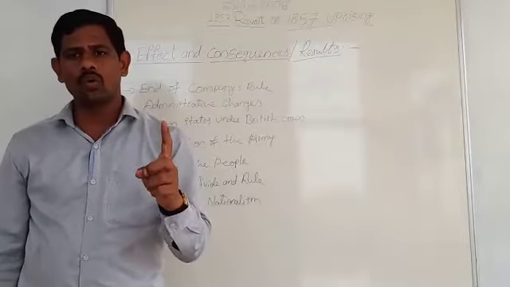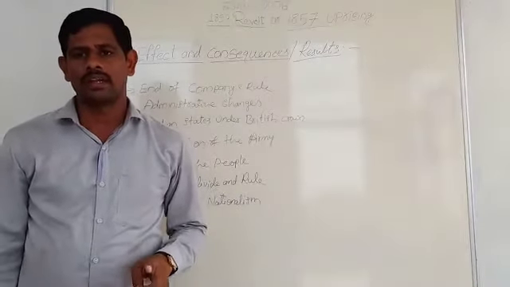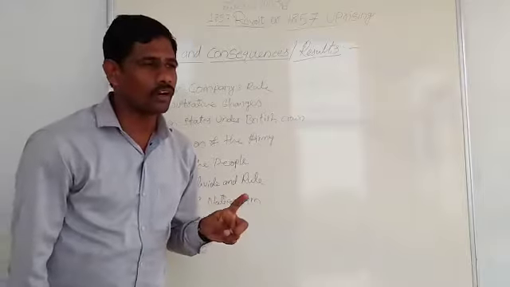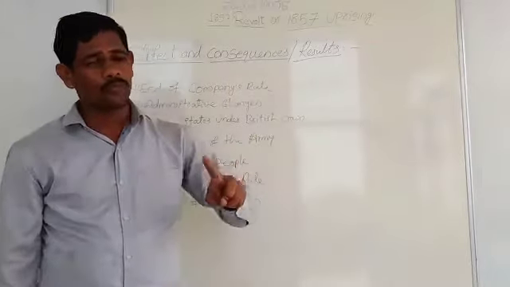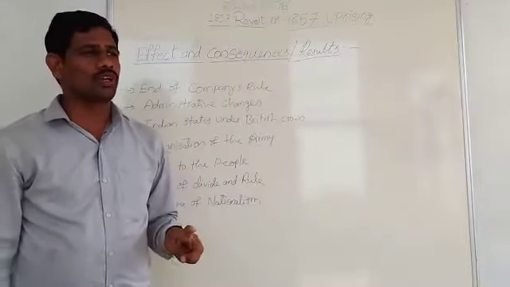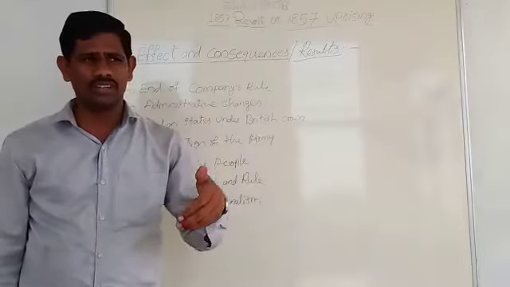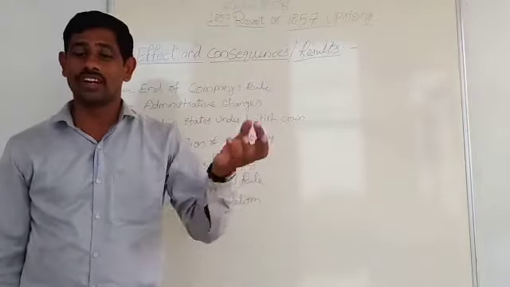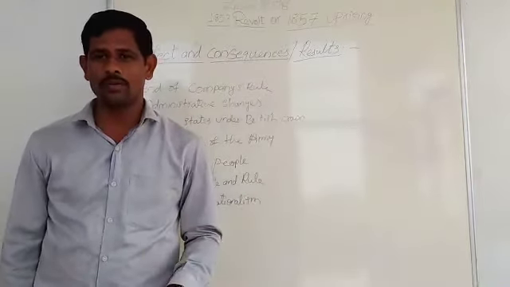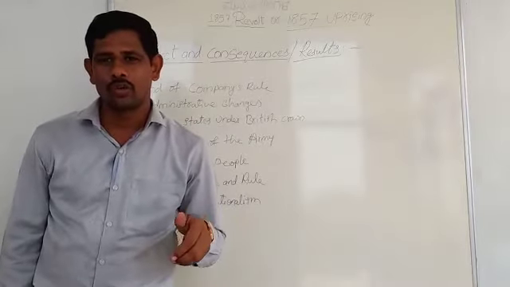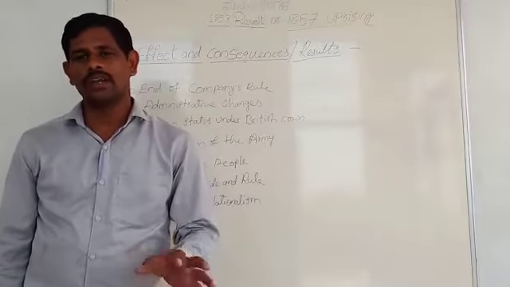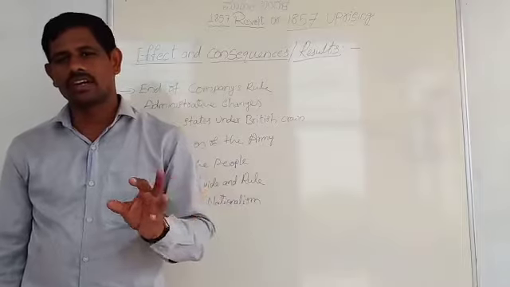India would be governed directly by and in the name of Her Majesty, Queen Victoria. She did not come to India to rule; in the name of Queen Victoria, the administration in India was ruled by the Secretary of State.